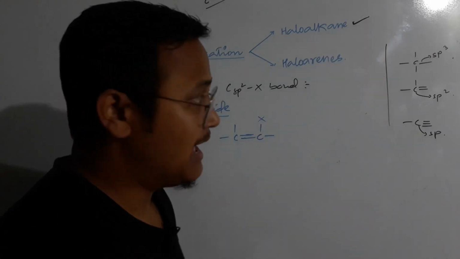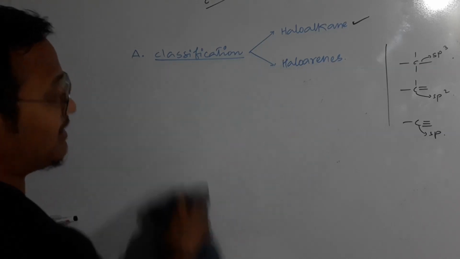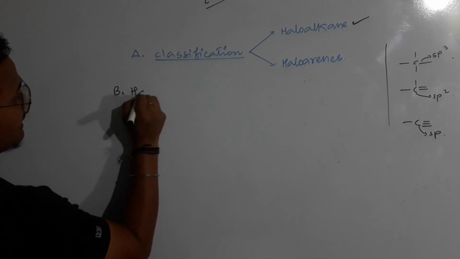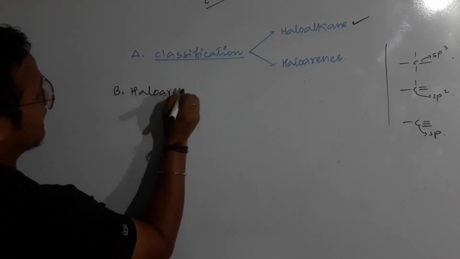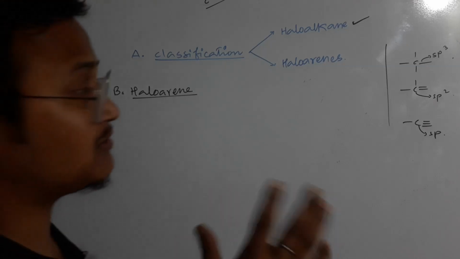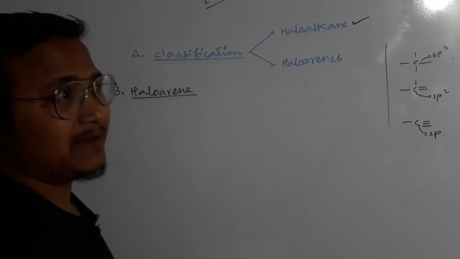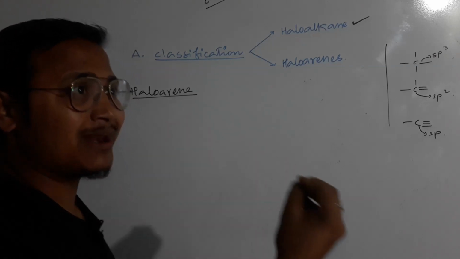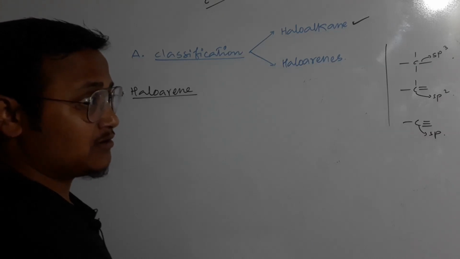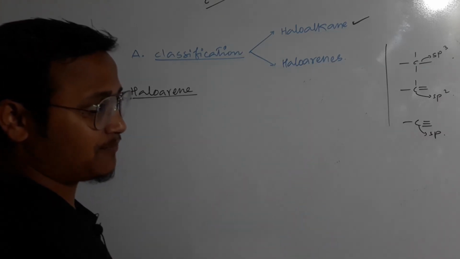Clear, guys? Now we have to talk about the classification of haloarene. Okay, B will be haloarene. And I must tell you, there is no classification of haloarene. Look, when will it become haloarene? It will become haloarene when one of the hydrogens of the benzene ring is substituted by a halogen atom, isn't it?